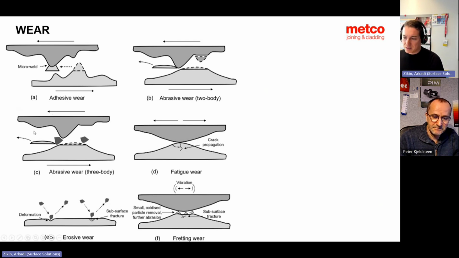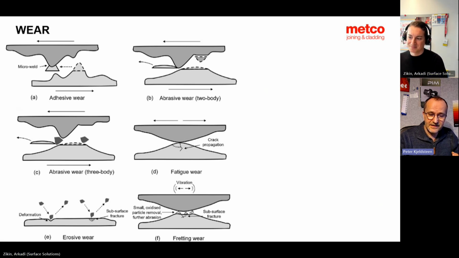And what is the difference, Peter, is that you have some media in between. And basically, sometimes that media is even worn out particles from your hard part that break off, and then they stick in the surface of the soft one, and then they can wear the surface of the hard part.